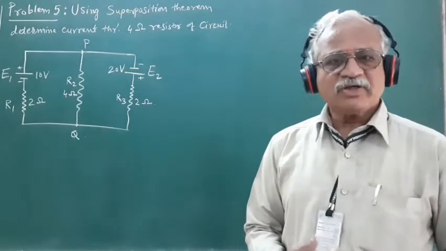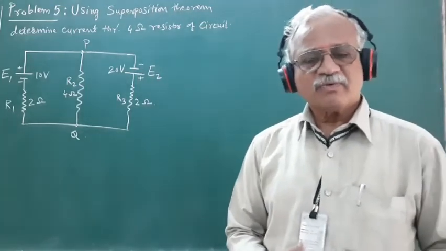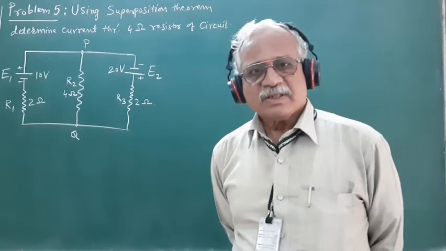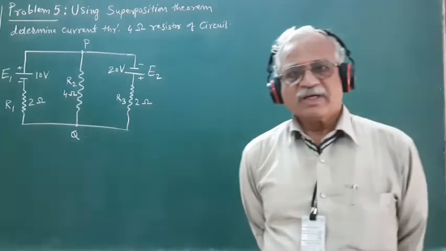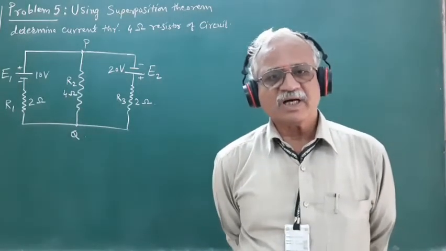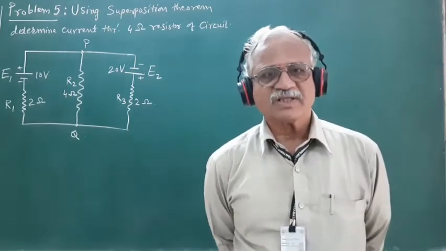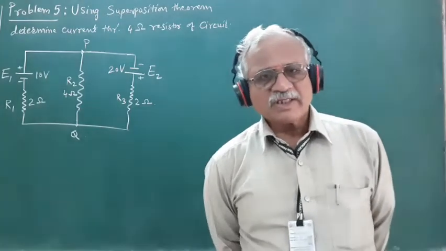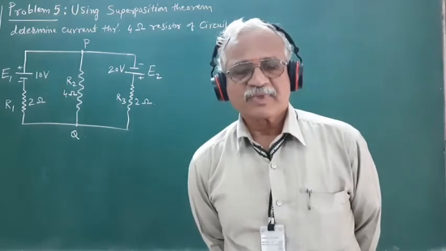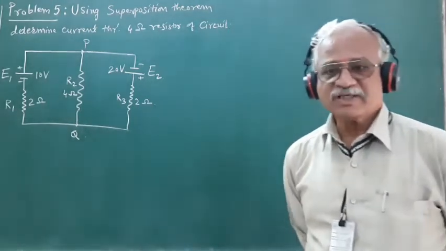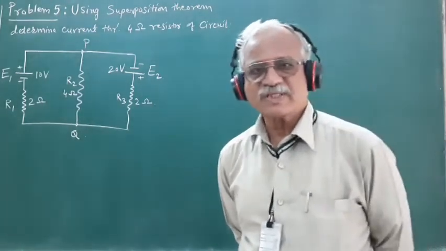And according to the superposition theorem, we have seen that the net current flowing through a certain component is nothing but the algebraic sum of the currents flowing through that component due to the individual sources.